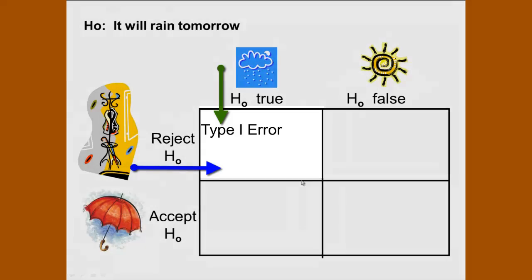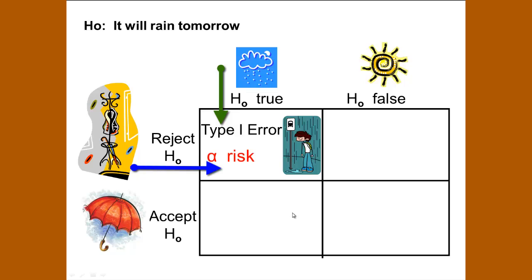Because we're wrong. We believe the statement was false, but it is true. So we're standing at the bus stop in the rain getting wet. This is what we call a type 1 error, and we will call the risk of this the alpha risk.